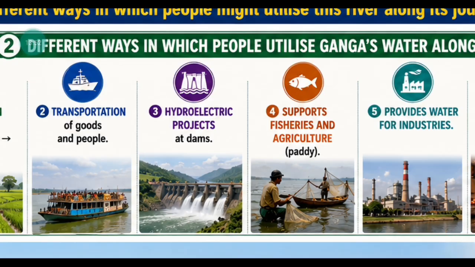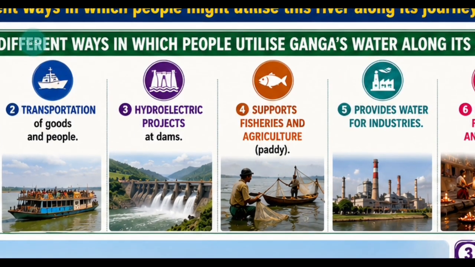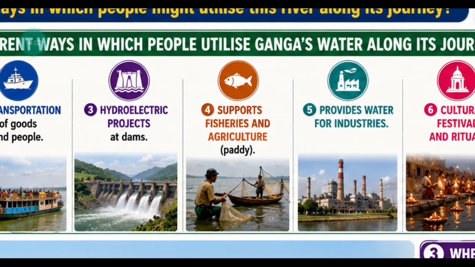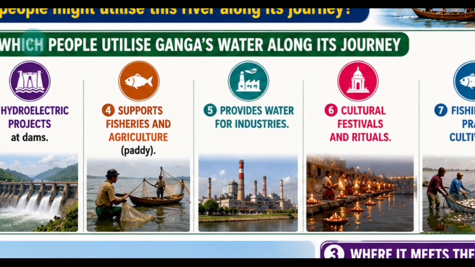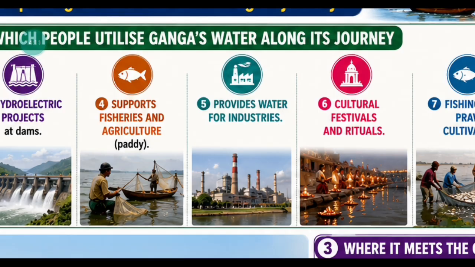Next, many dams are there, so hydroelectric projects are built on these rivers to make electricity. Point number 4 is that it supports fisheries and agriculture, right? Point number 5 is that it provides water for industries, not for agriculture only.